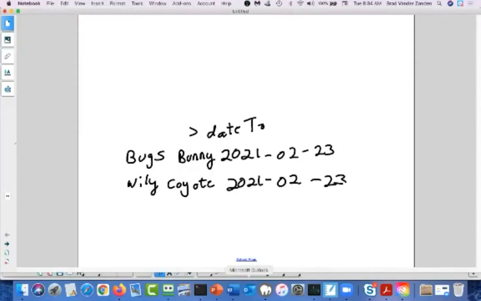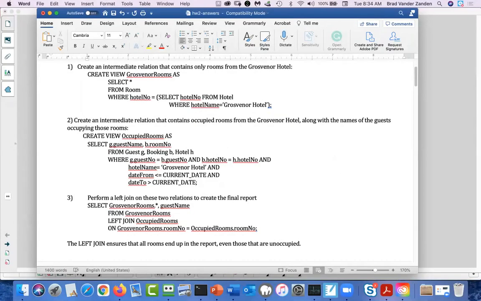Then if you're using date from less than or equal to current date, you will sweep up Wile E. Coyote because his date from is less than or equal to the current date.